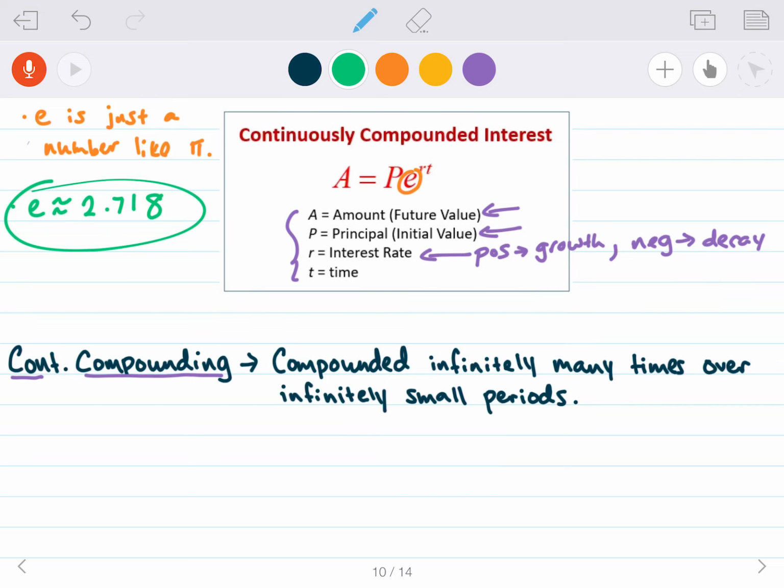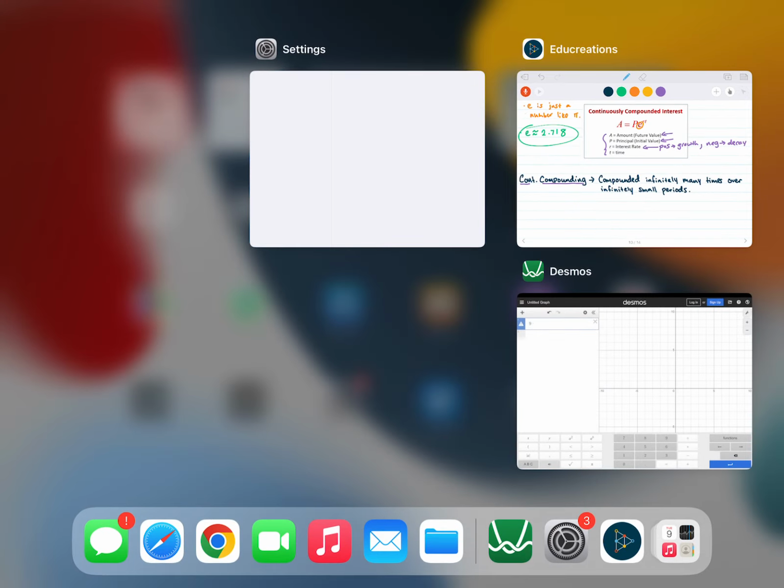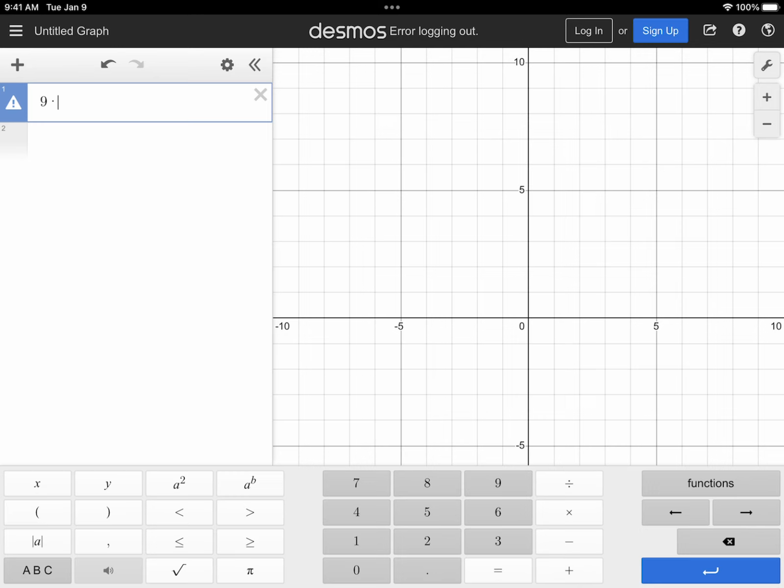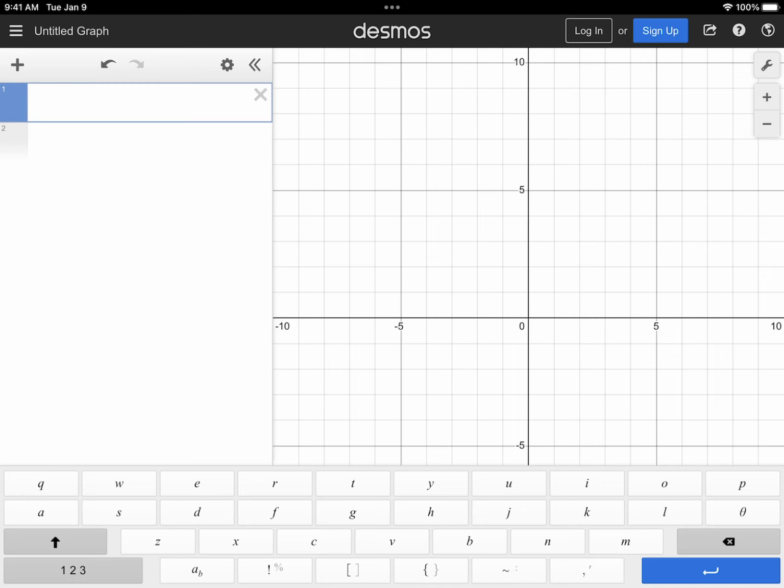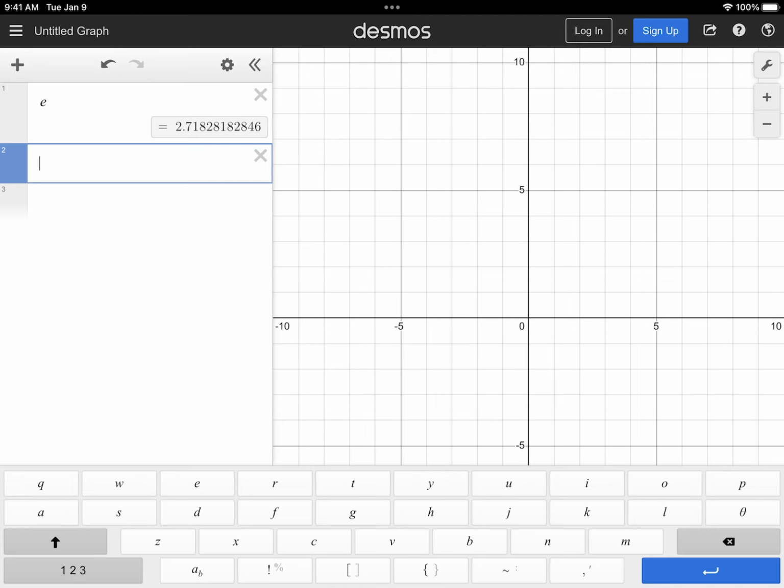And, just to show you how it works on the calculator, if we have Desmos right here, we can multiply numbers by E. So if we just put in regular E, with the ABC keyboard bottom left, and I type in E right here, it gives me that number. I can do things with E, just like I can do things with pi.